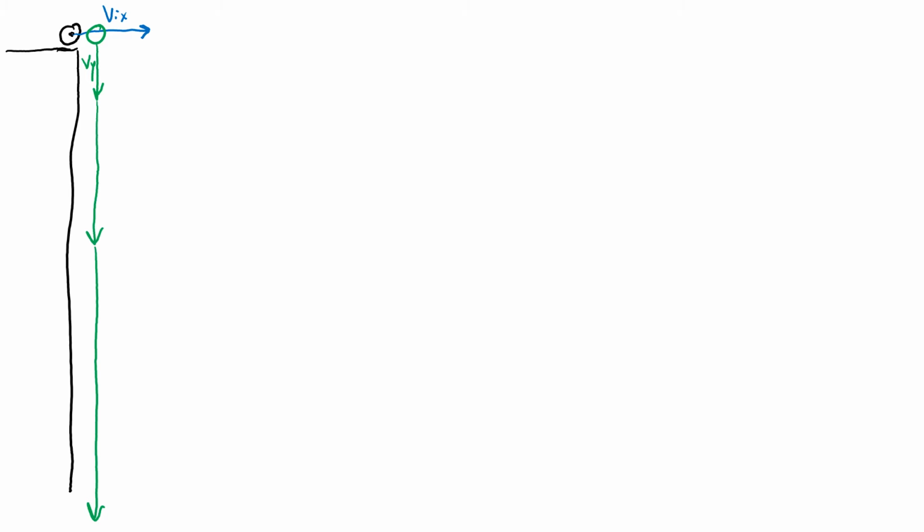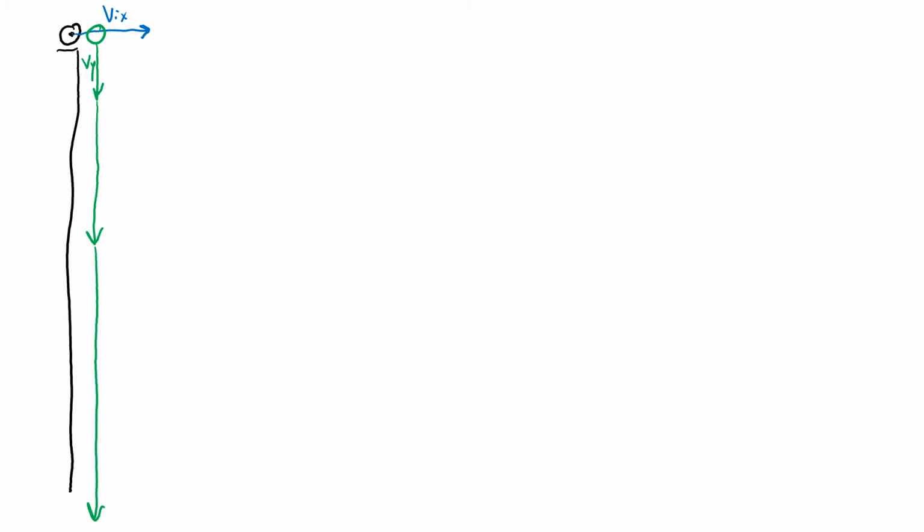So if you neglect air resistance, and if there's no rocket booster making this go faster in the x direction, it's just a ball being projected. So after that initial push, what happens to the velocity in the x direction? Well, it's actually going to stay the same. So we drew 1, 2, 3 vectors here.